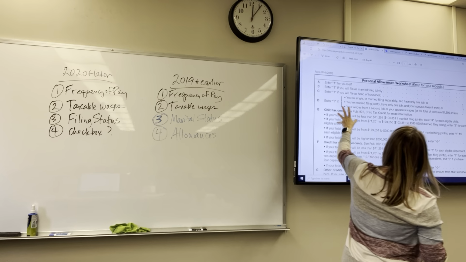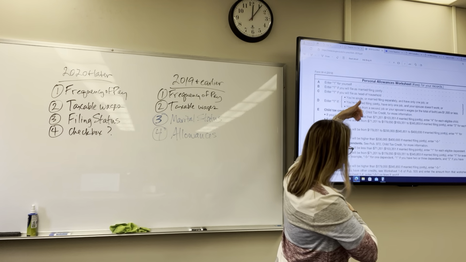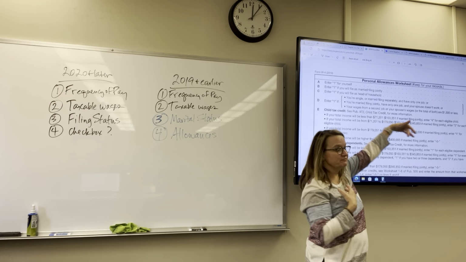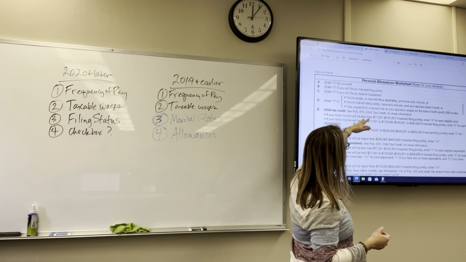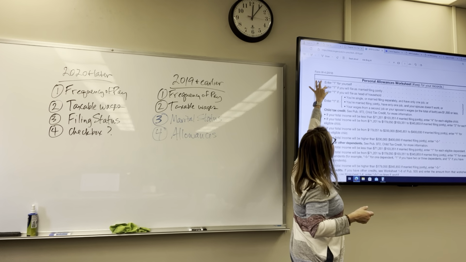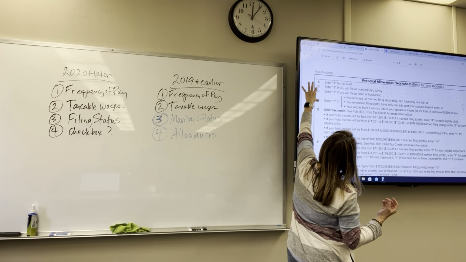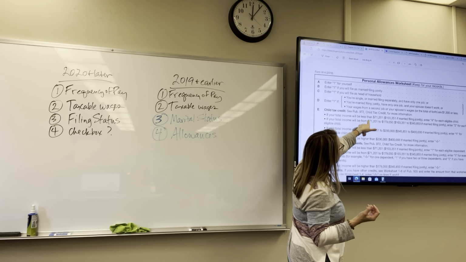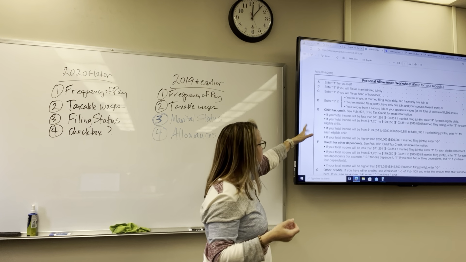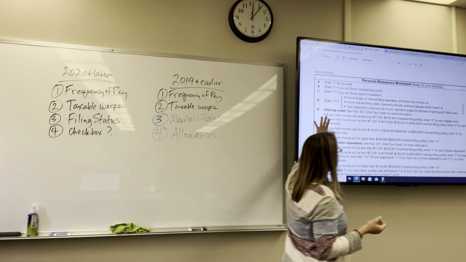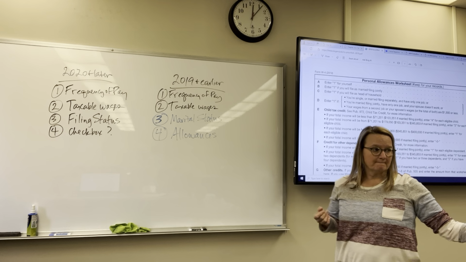So this page 3: 1 for yourself, so you get 1 allowance just for you. 1 if you're married filing jointly, so that would be 2 if you're there. 1 if you'll file as head of household, so you wouldn't be entering a 1 here and here because you're only going to file as 1 filing status. 1 if you're single, married filing separately, have only 1 job. So anyway, this whole worksheet takes you through to calculate if you get any additional allowances.